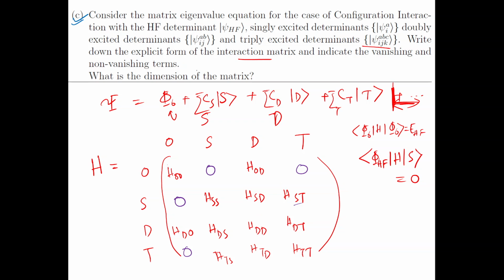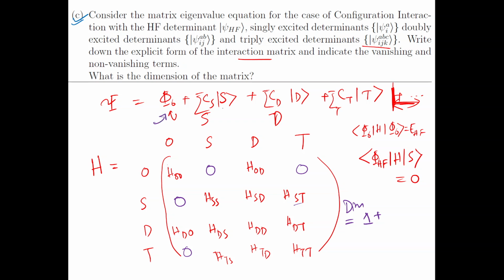Now, what is the dimension of the matrix? What do I mean by the dimension of the matrix? Let's say it's some m by m matrix, depending on the total number of determinants. What is the number of total Slater determinants it has? The dimension will be 1 for your phi Hartree-Fock.